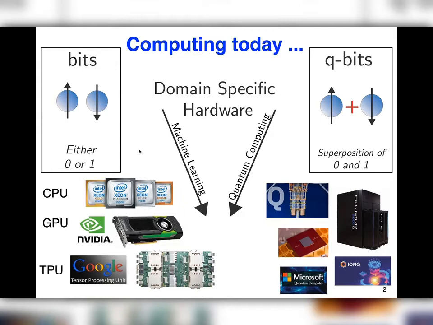And these include simulating quantum mechanics itself. And this was the original idea that was proposed by Richard Feynman back in 1982. So in a lot of senses, these bits and qubits are becoming domain specific. So we're really living in the era of this domain specific hardware.